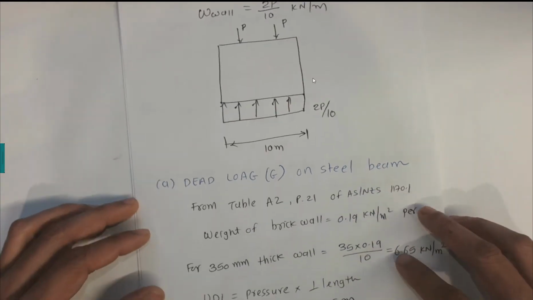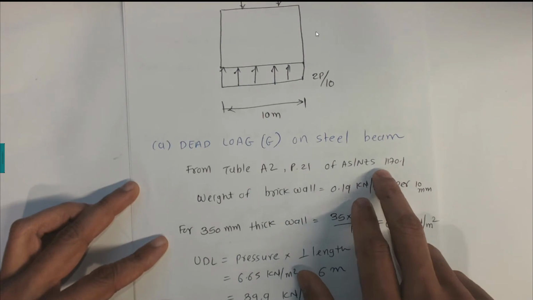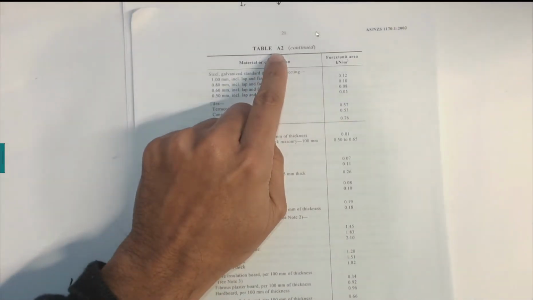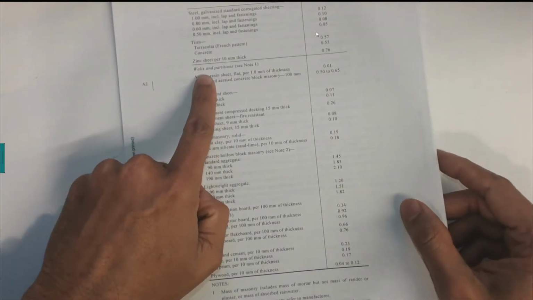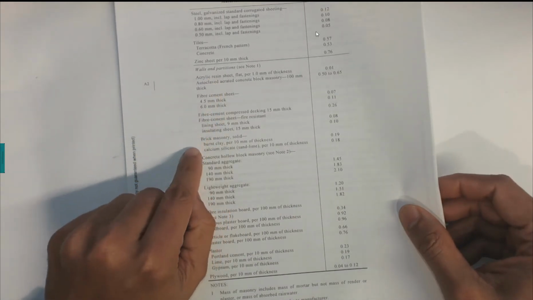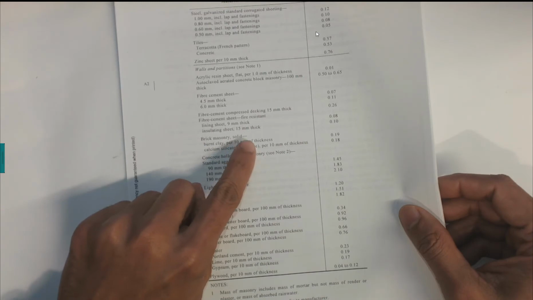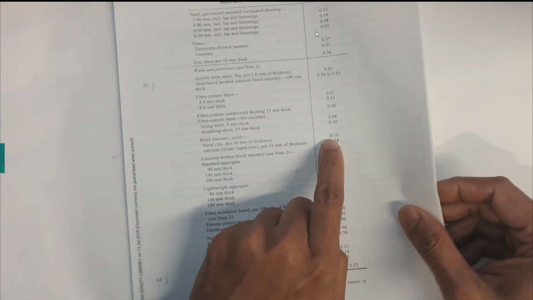Now first of all, from Table A2, page number 21 of AS/NZS 1170.1 2002, in the wall sections, if you go to brick masonry, burnt clay, per 10 millimeter thickness, if you have 10 millimeters of thickness, it has 0.19.